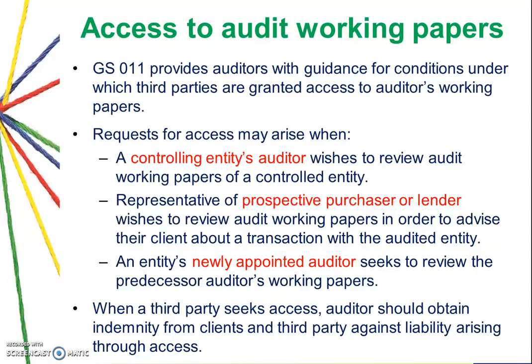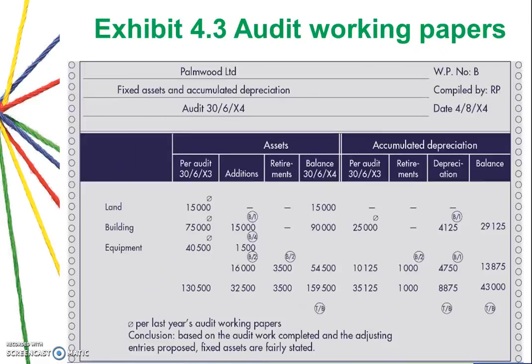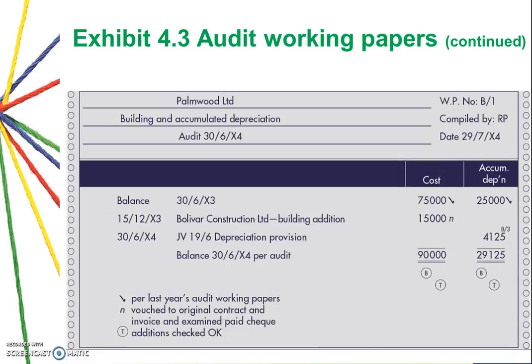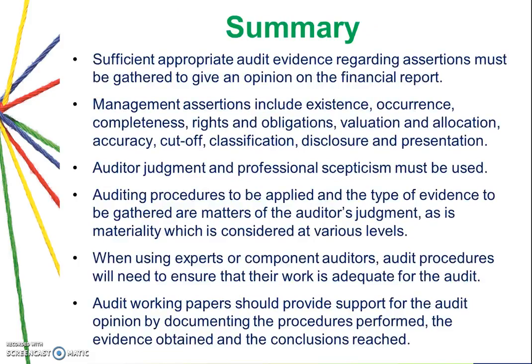So in the RBA case, Rocher and Brown can request the previous auditor to allow them to view the audit work that had been performed. In all cases, the auditor must obtain permission from the client. Here is an example of some audit working papers, just for your knowledge. You don't need to understand it unless you want to be an auditor.